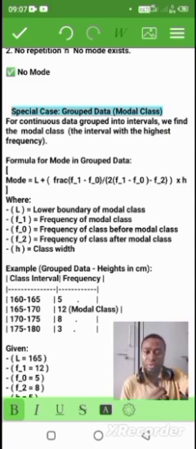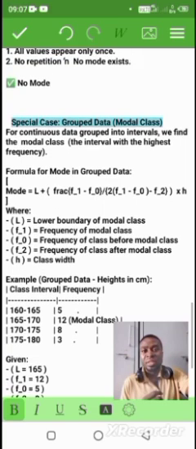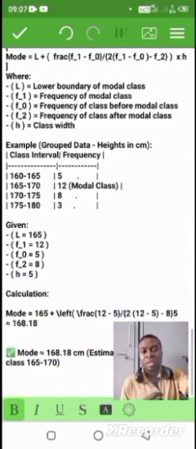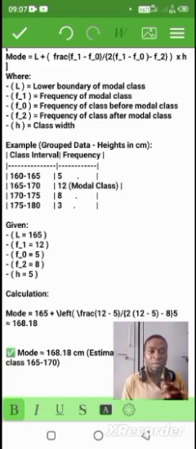The frequency of 170 to 175 is 8, and 175 to 180 is 3. From this data, we can see that the modal class will be the one with 12, the most repeated.